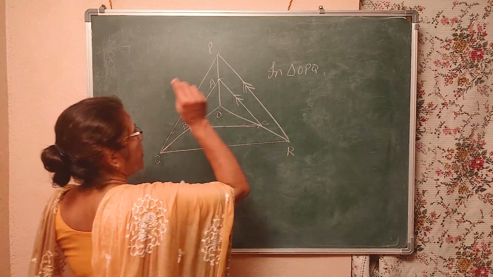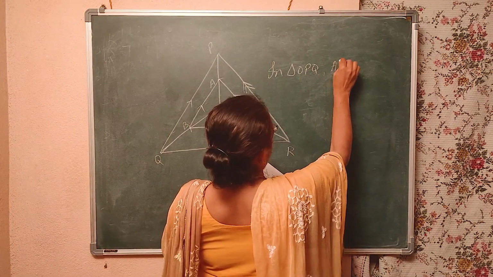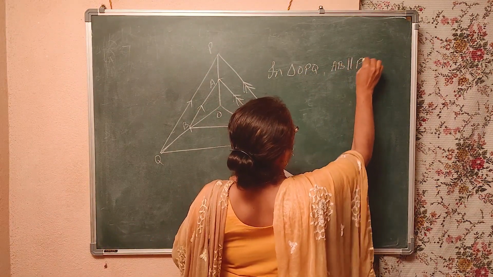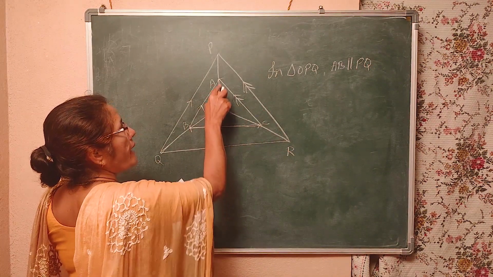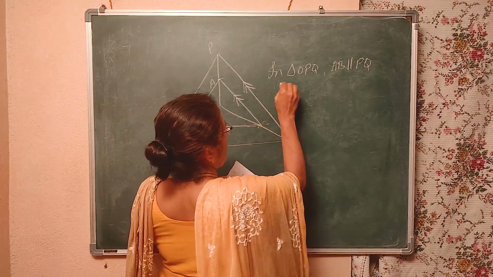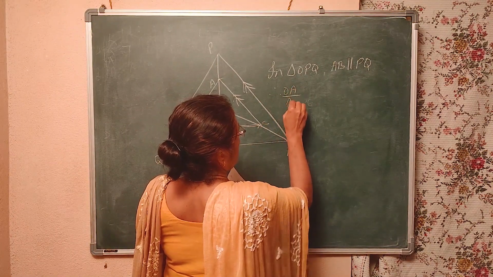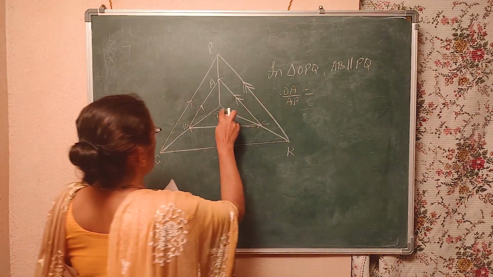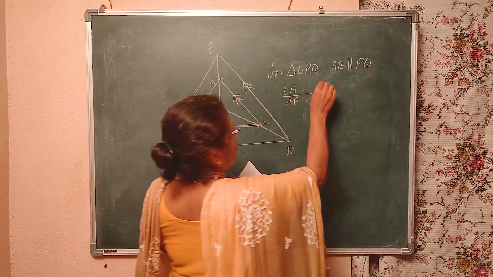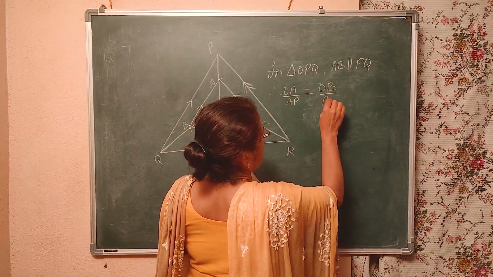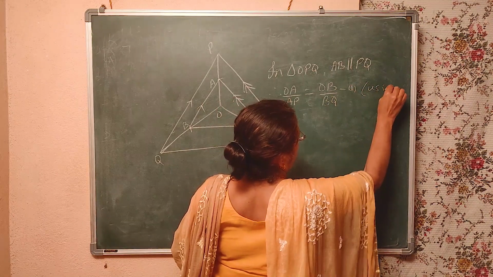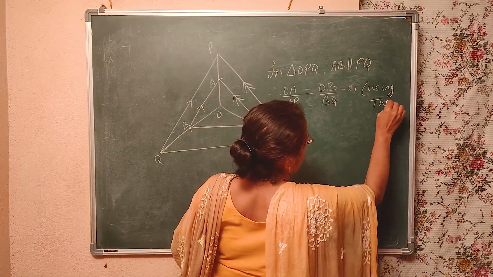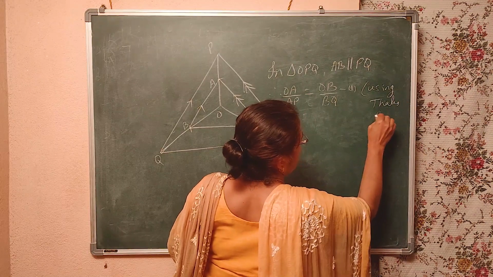So in triangle OPQ, AB is parallel to PQ. So start from the vertex. Therefore, OA by AP is equal to OB by BQ. Call it as 1. Using BPT, basic proportional theorem, or using Thales theorem.